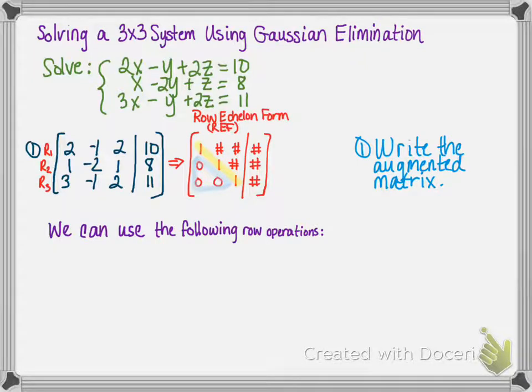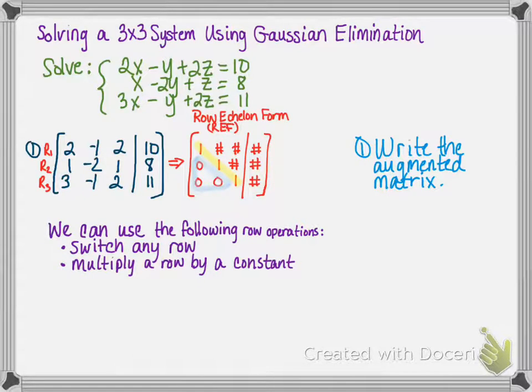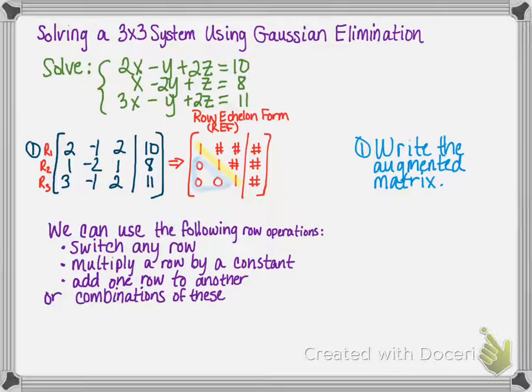We can use the following row operations in order to transform our starting matrix into row echelon form. We can switch any rows. We can multiply a row by a constant. We can add one row to another, or we can do combinations of these, like multiply a row by a constant and then add it to another row.